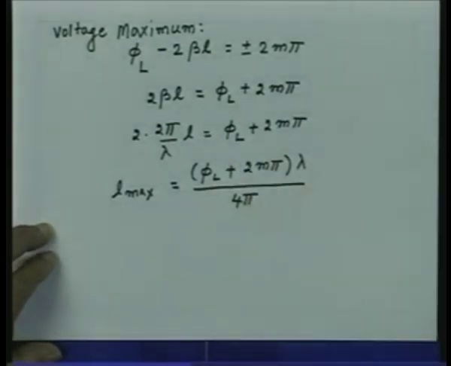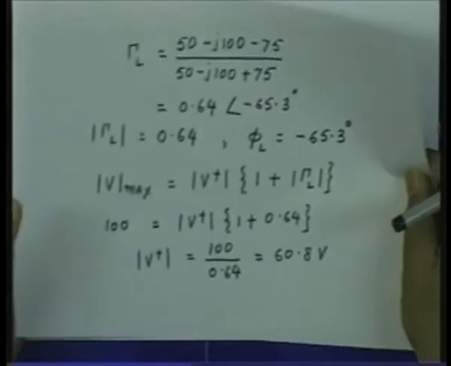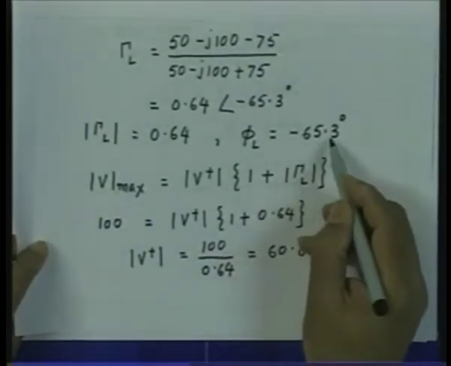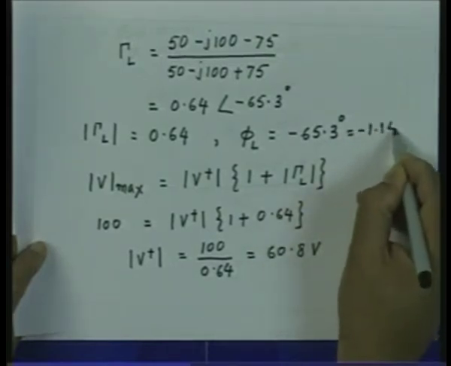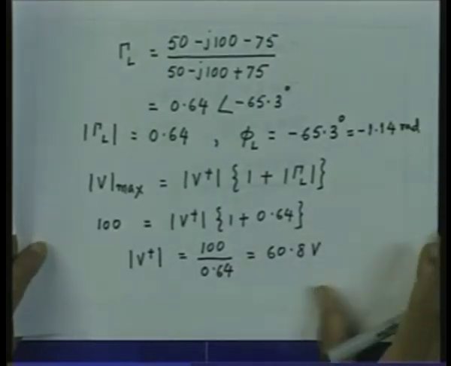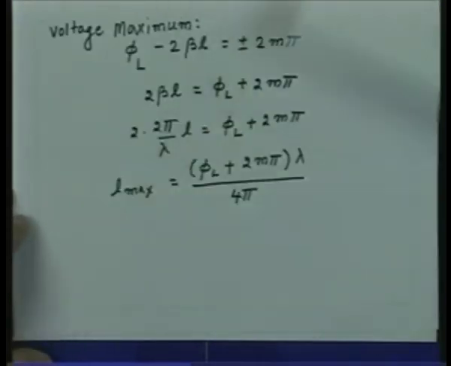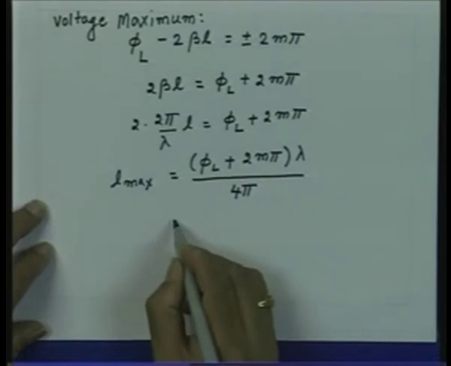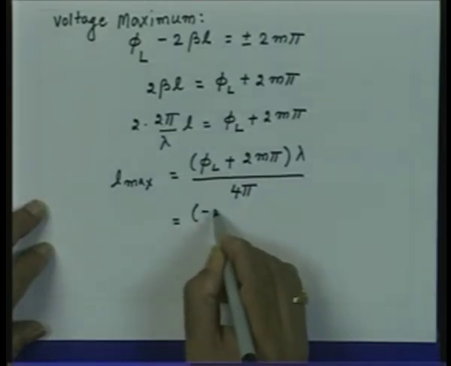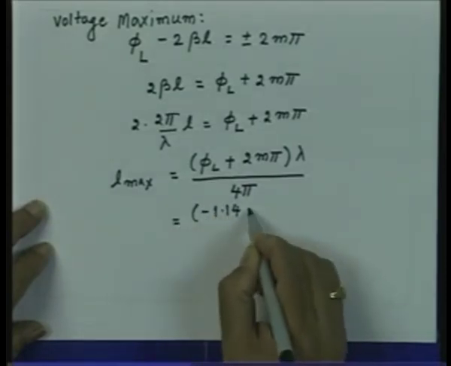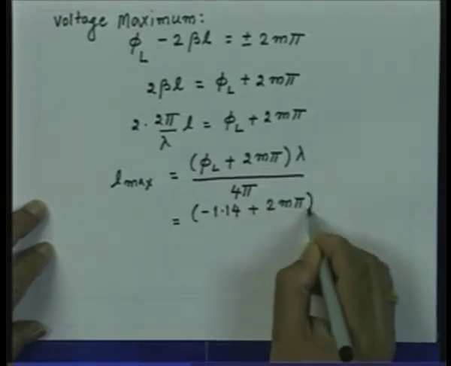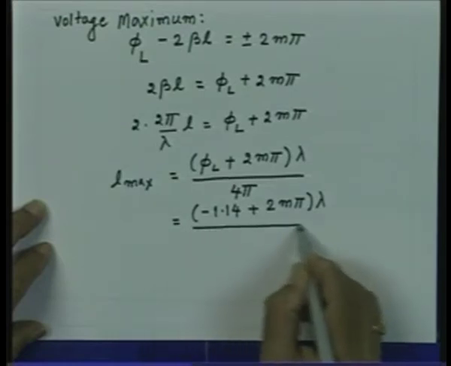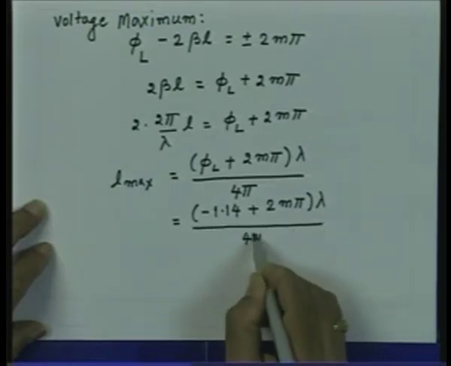Substituting for phi L, minus 65.3 degrees, that in radians is minus 1.14 radians. We can get now L max is equal to minus 1.14 plus 2 m pi, times lambda divided by 4 pi.